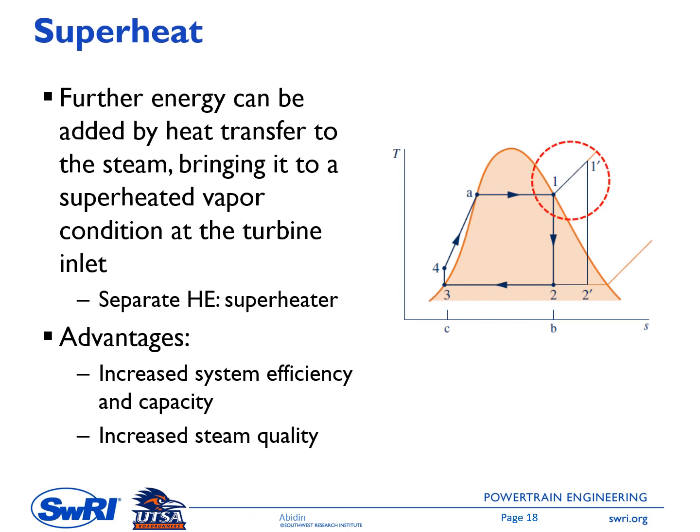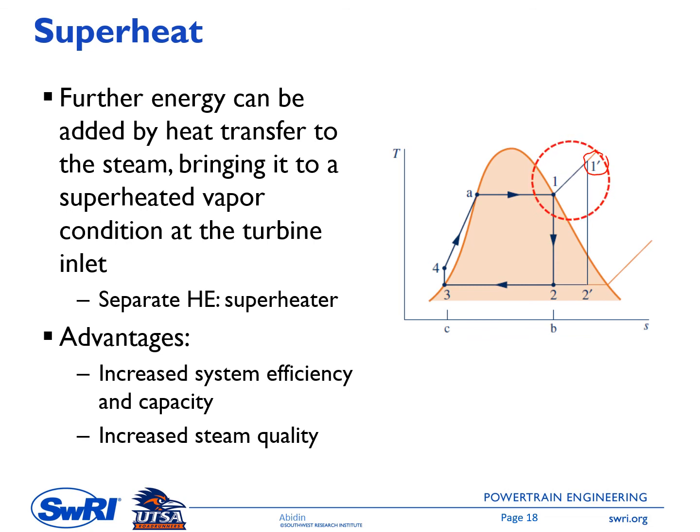So instead of point 1, the working fluid enters the turbine at point 1 prime, as shown in this figure. We can use a superheater heat exchanger to heat up this steam.